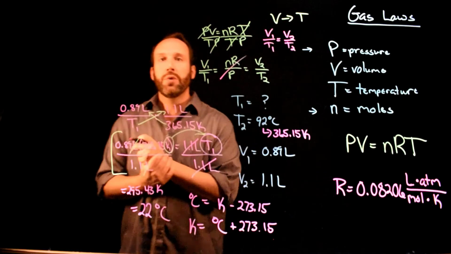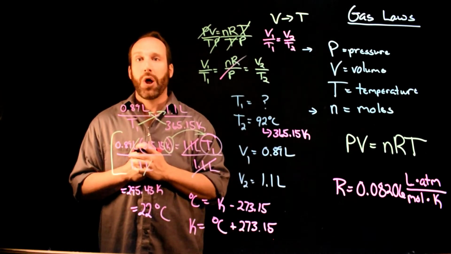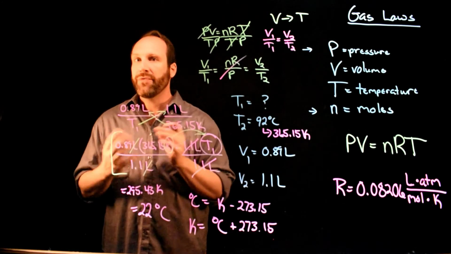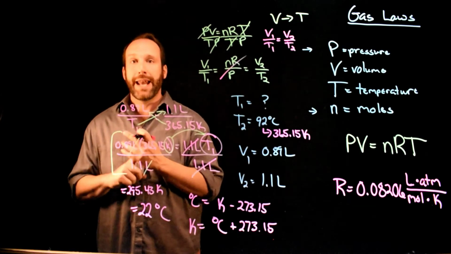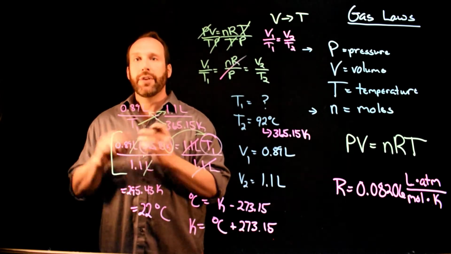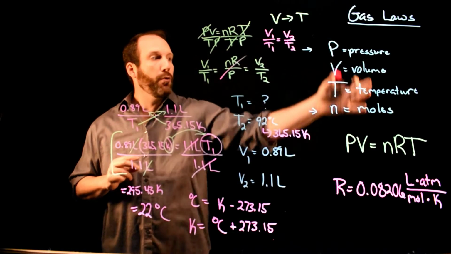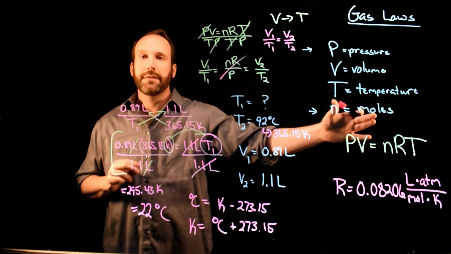So this video was exploring how to do some of the gas law problems. And like I said, you may have a list of those gas laws, like Boyle's law and Charles' law and Avogadro's law, that shows you the relationship between two of these four variables, as long as the other two remain constant. Okay?